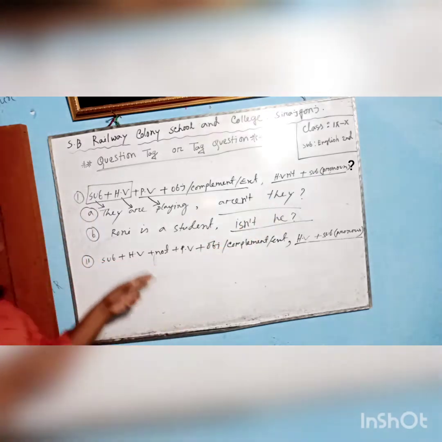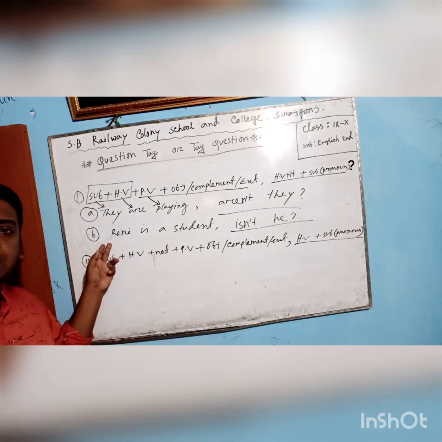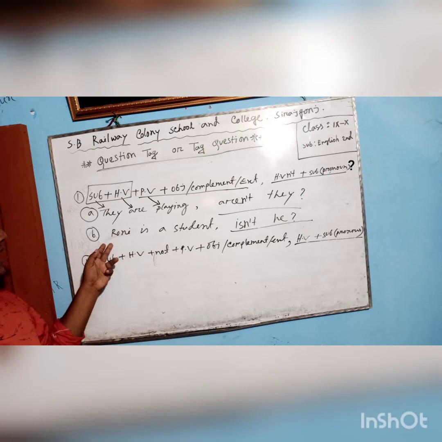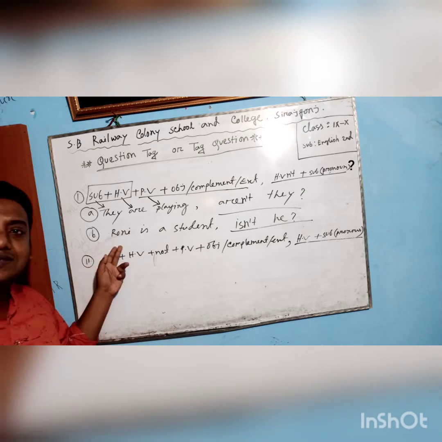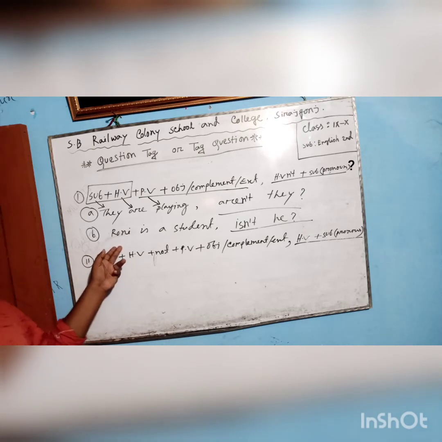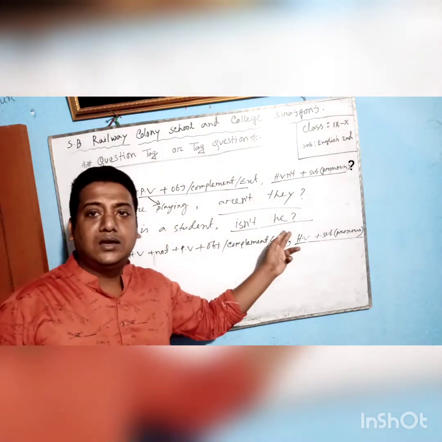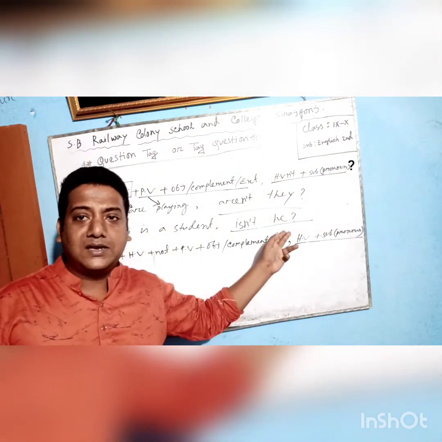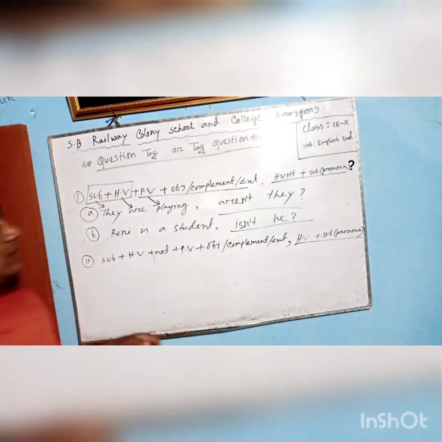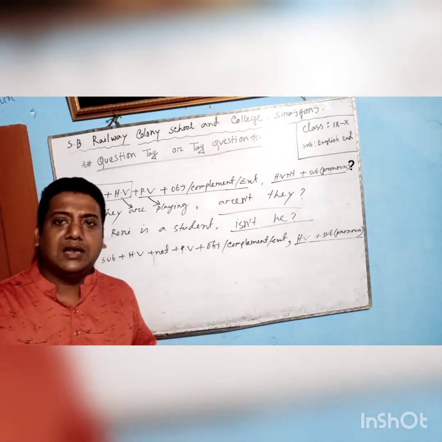But in the second example, I use Ronnie. Ronnie is a noun. I replace it by he. Why? Because Ronnie is male, or a boy.